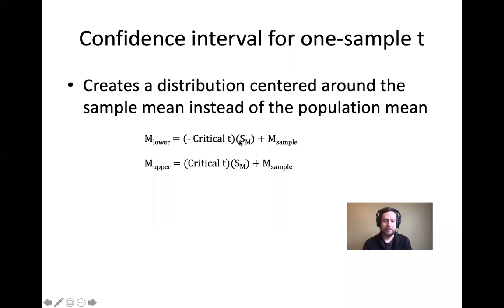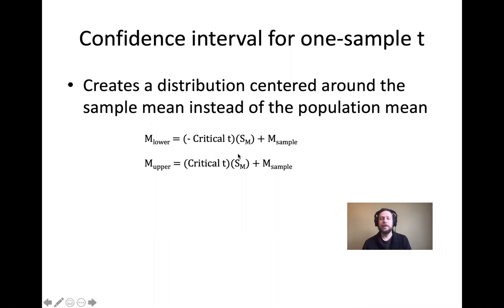This S means estimated standard error, which is a way of calculating the standard error using the sample standard deviation instead of the population standard deviation. So these are the 2 things that are different: critical T instead of critical Z, and S sub M, estimated standard error, instead of regular standard error, which would have been sigma sub M.